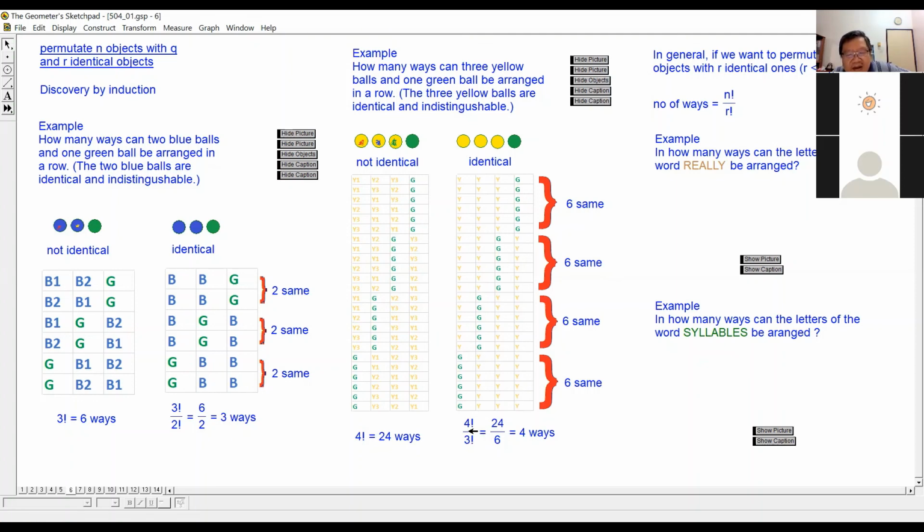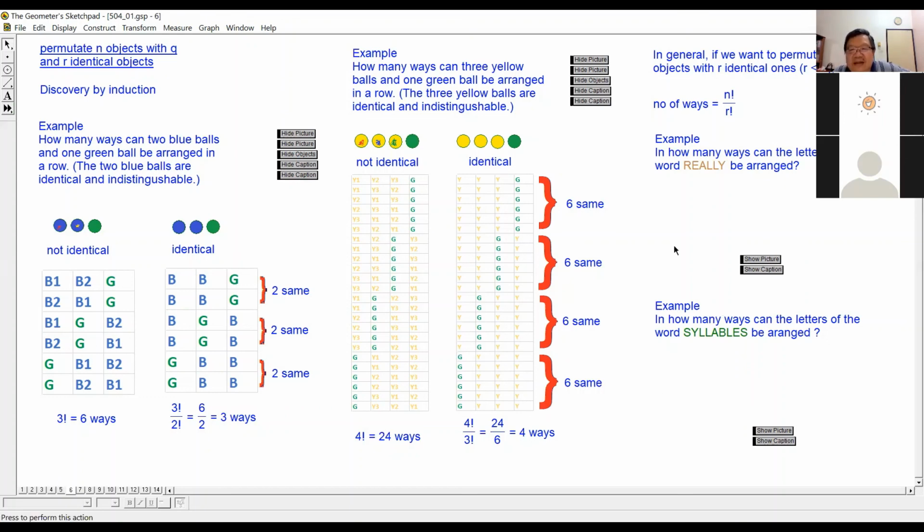There are 3 identical objects, so you have to divide by 3 factorial. So 24 divided by 3 factorial is actually only 4 ways. 1, 2, 3, 4. Only 4 ways.